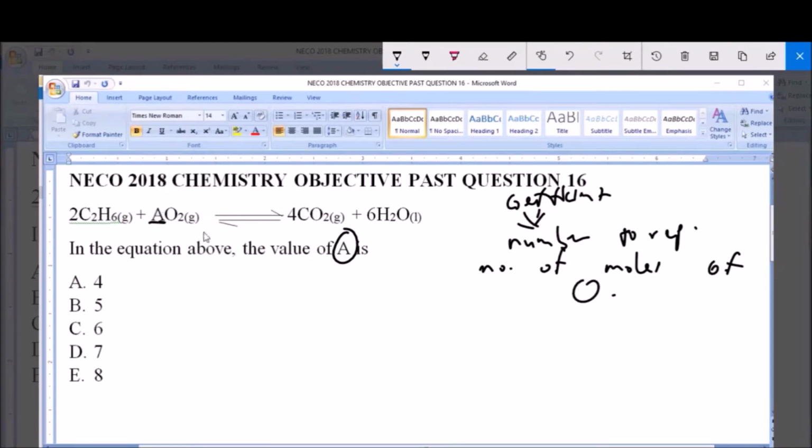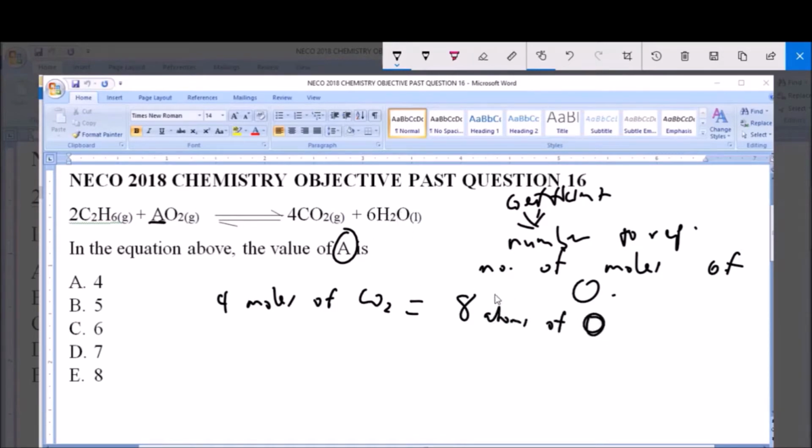What does A represent? Now, in order to find this, you check if the reaction is balanced, and from the look of things, the reaction isn't balanced. So you take a look at the number of oxygen you have on this side, and then use it to estimate the number of oxygen you have on the other side. On this side, you have 4 times 2, you have 2 oxygen in CO2, 4 moles of CO2. So in 4 moles of CO2, you have 8 atoms of oxygen.